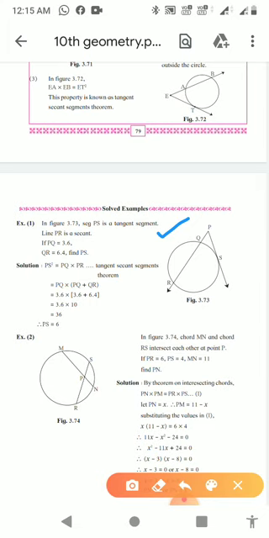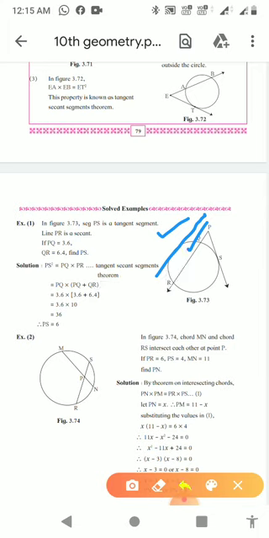Here the value of PQ is given, the value of QR is also given, but the value of PR is not given. But I can write PR as PQ plus QR. So I am making PS square equal to PQ as it is, and instead of PR I am going to write PQ plus QR.